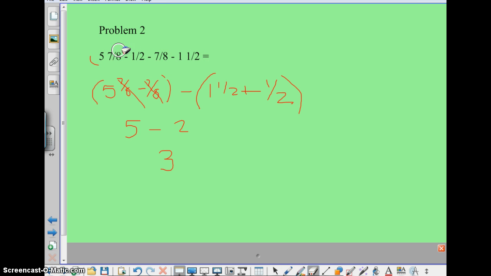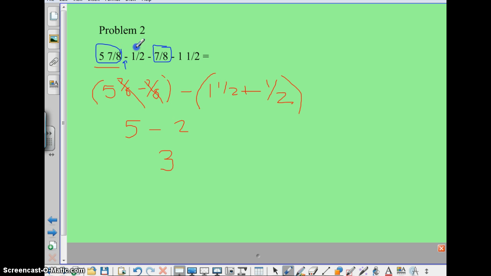All right, so since this, oh, I shouldn't have used red. Hold on. Since this and this are eighths, and I want to subtract them, they're already like units, so I can subtract easily. Okay?